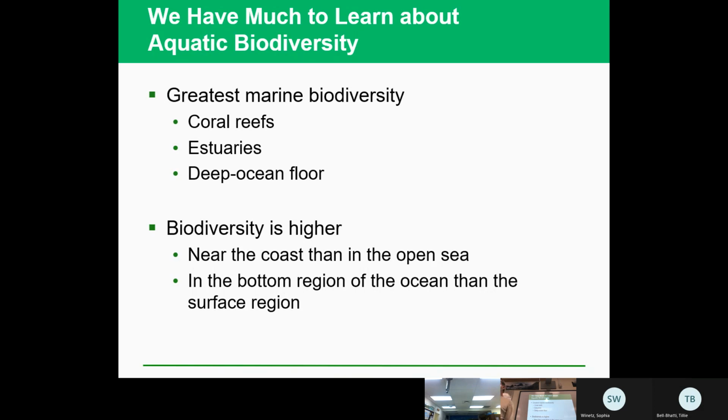Think about it, a lot of creatures don't swim around that much, right? They live on the bottom, or they live on the beach. So we have more biodiversity where there's something for them to attach to. I think we might have talked about the pelagic zone being like an underwater desert because of the lack of biodiversity, and just because the animals are very spread out in the open ocean.